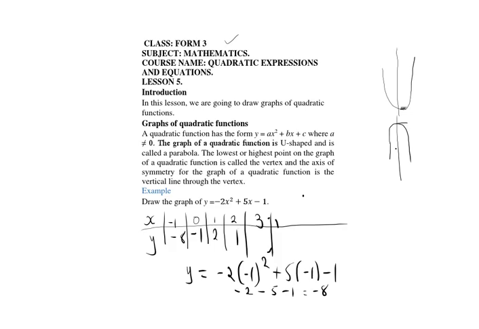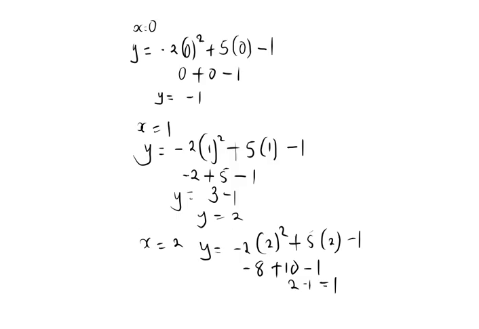Then we go to the last value of x, which is 3. So y equals negative 2 into 3 squared plus 5 into 3, then minus 1. 3 squared is 9.